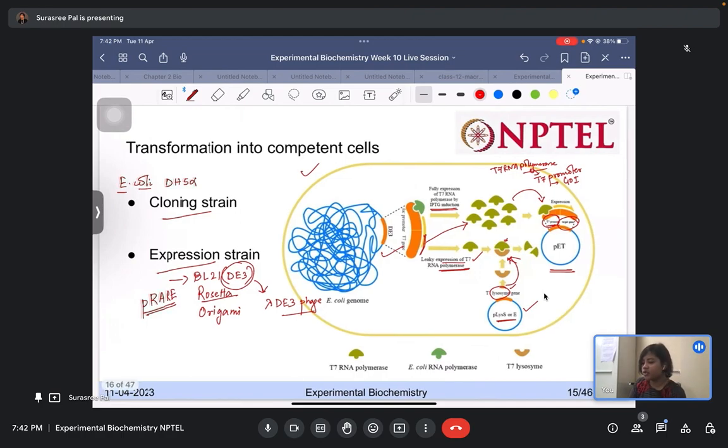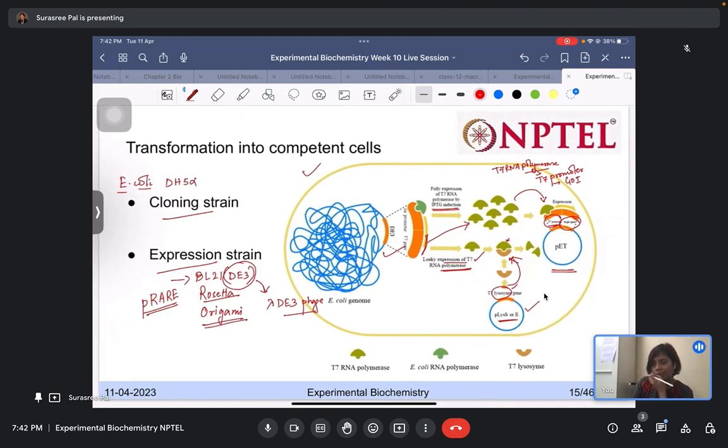Origami is a strain where post-translational modifications, the disulfide linkages, can be formed. So these are some engineered strains which are engineered for optimum expression of our gene of interest, right? So that's all for today.